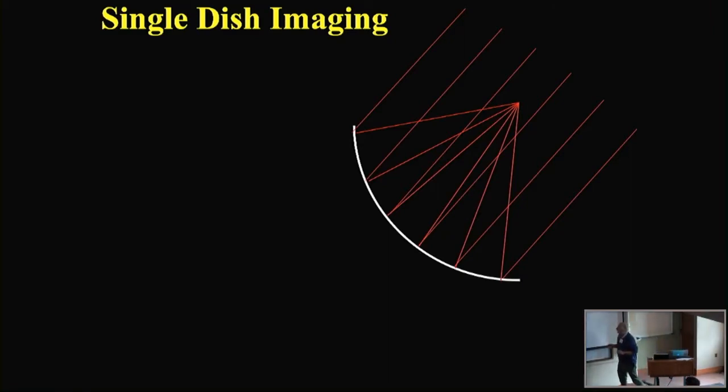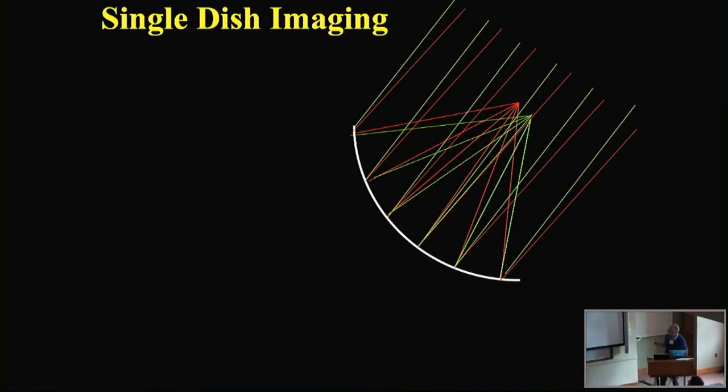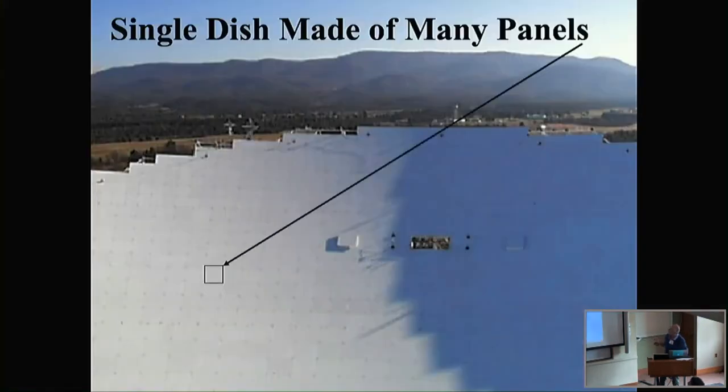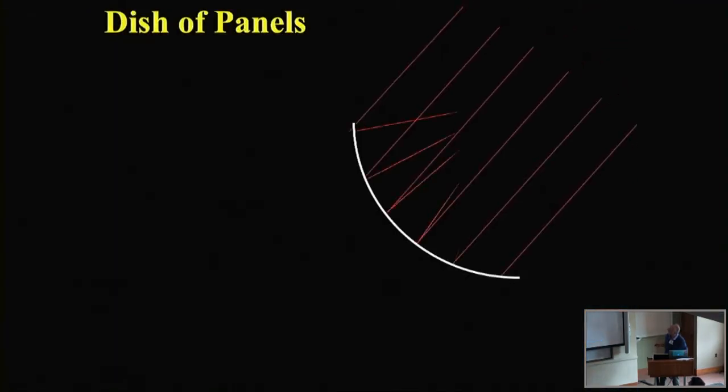and we already heard from Dan about this. This is a slightly different sort of graphical interpretation. So if you have a single dish, it brings things to a focus. Oh, you can see stuff off axis too. You can think of a dish as made of a bunch of panels, and you can break the dish apart, and now we have a bunch of panels here.